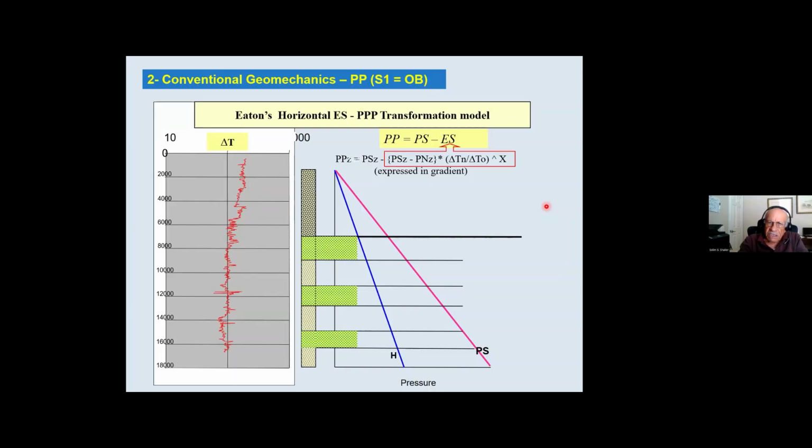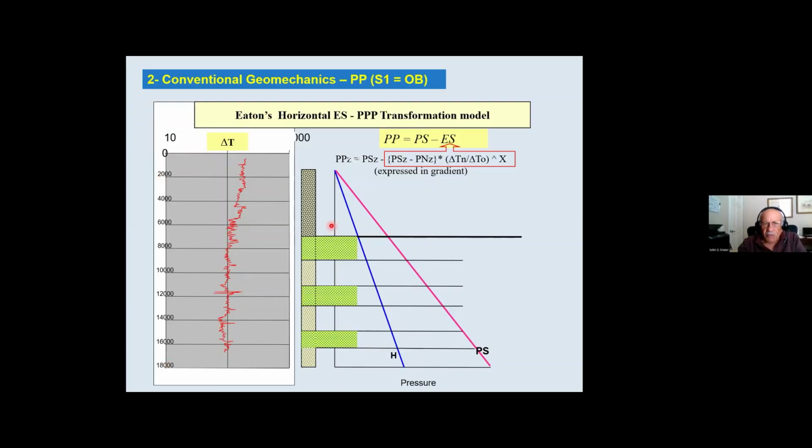Now, in 1975, Mr. Eaton came up with the horizontal effective stress and the transformation model. What he did was use the petrophysical property, delta T here, to produce a pore pressure model, showing how the pressure developed in the subsurface. Here is 2,000 feet, here is 18,000 feet.